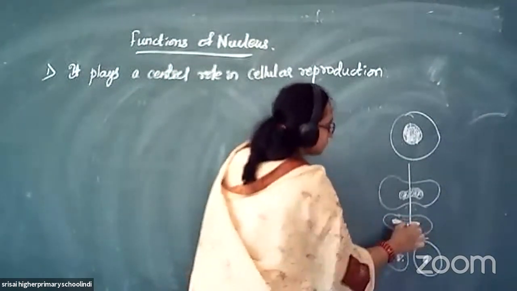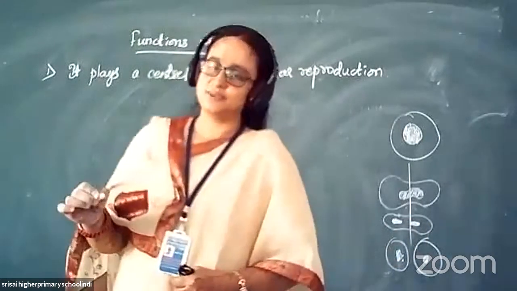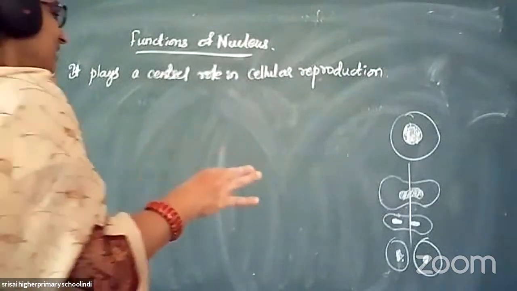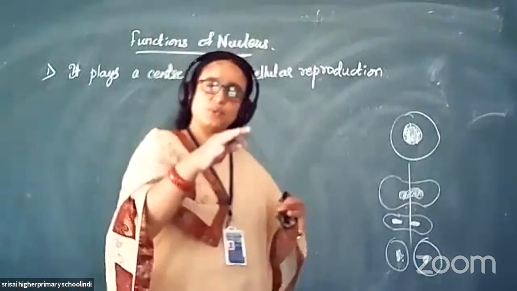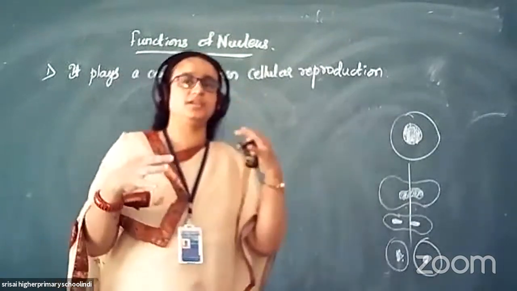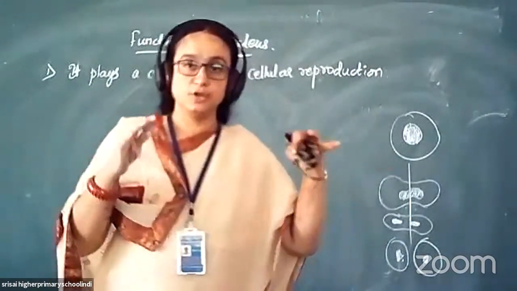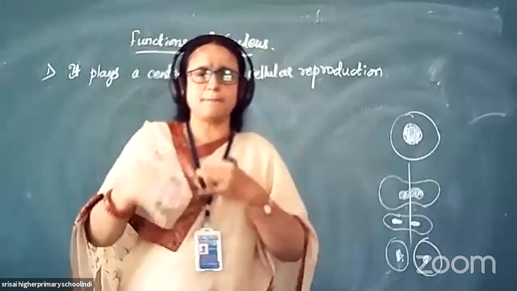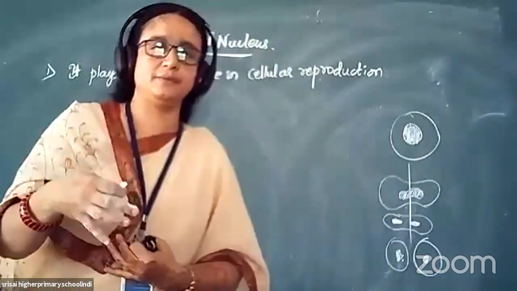Ma'am, in humans it will not happen, ma'am. You'll come to know slowly everything that you knew. If we go deep in that, so many complications will arise. You just understand what is actually given in your syllabus. If you go deep there, everything will be messed up. So step by step we will learn slowly.